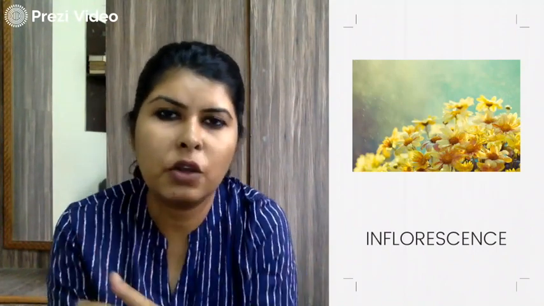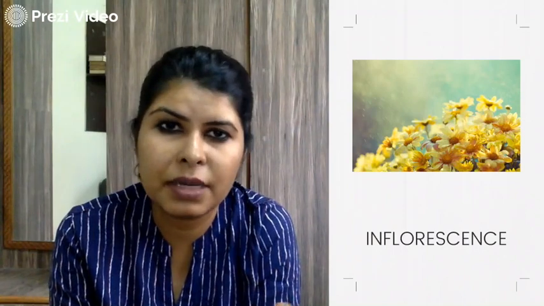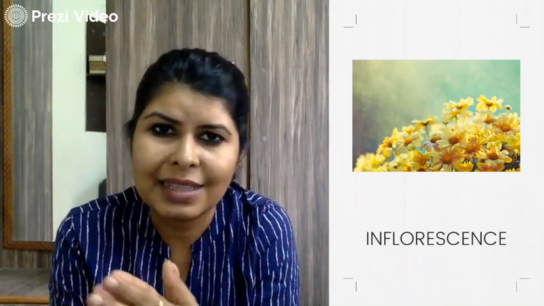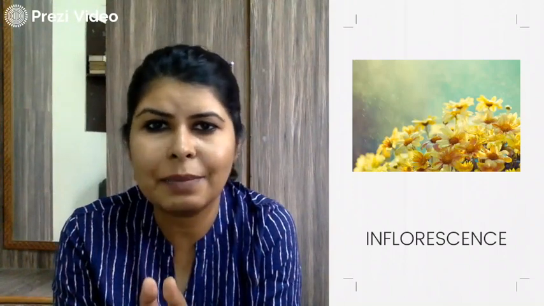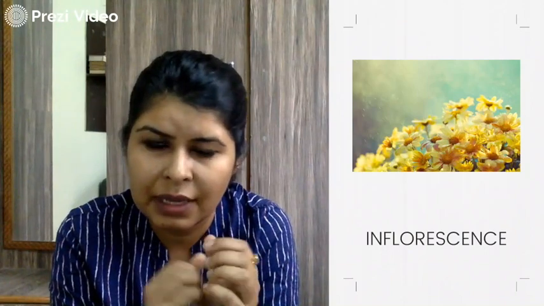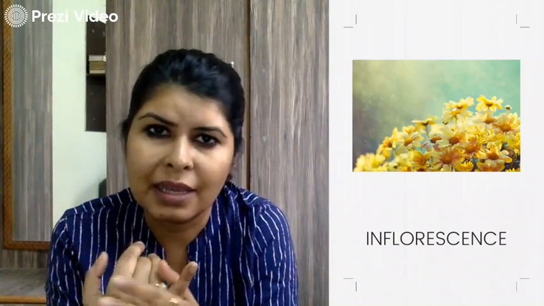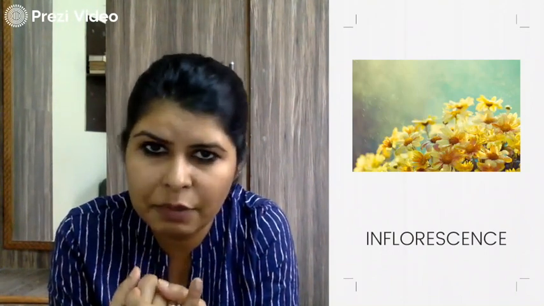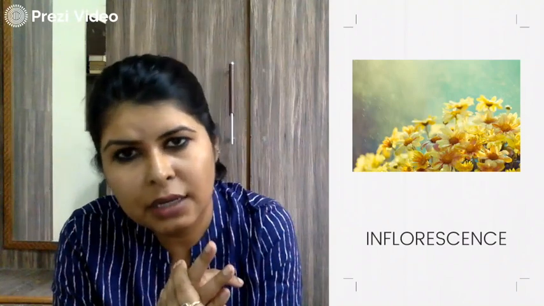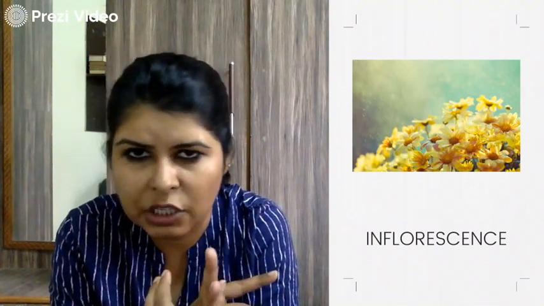Now, if we look across the different members of angiospermic families, we understand that these strategies can basically be categorized into three basic groups. These three basic groups being racemose type of arrangement of flowers, the second group being the cymose type of arrangement of flowers, and the third group being the special type of arrangement of flowers.